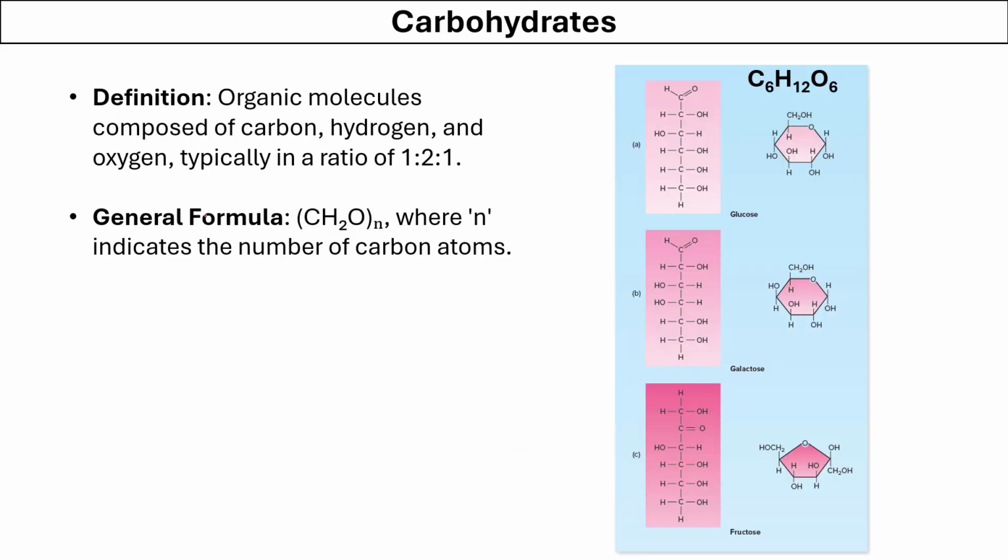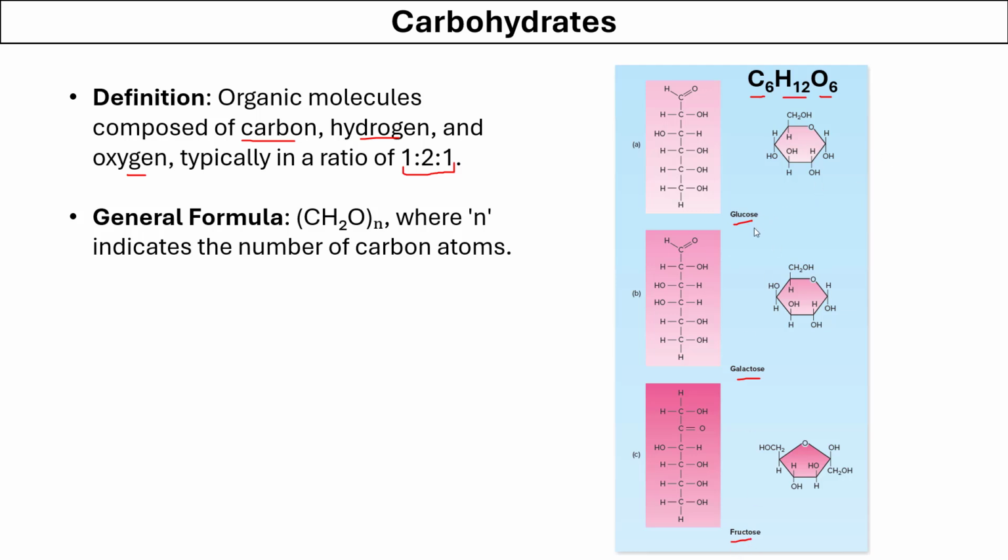So the first category of biomolecules that we are going to study today are carbohydrates. Carbohydrates have carbon, hydrogen, and oxygen, typically in the ratio of 1:2:1. So here for 6 carbons you have 12 atoms of hydrogen and 6 atoms of oxygen in all these 3 molecules of sugar or carbohydrates.